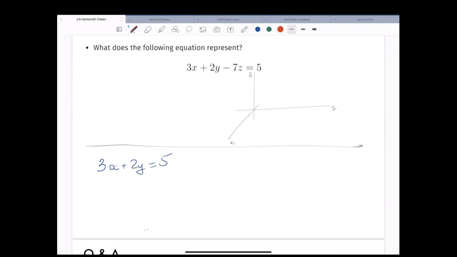Here's a plane. Here's my x-axis, here's my y-axis. What kinds of x's and y's would meet this equation? By meet this equation, I mean satisfy this equation, that is, make that equation true.